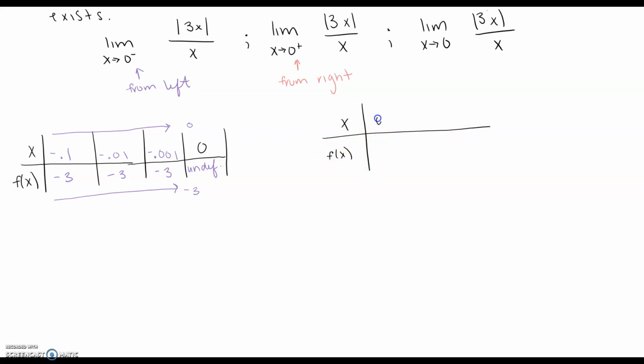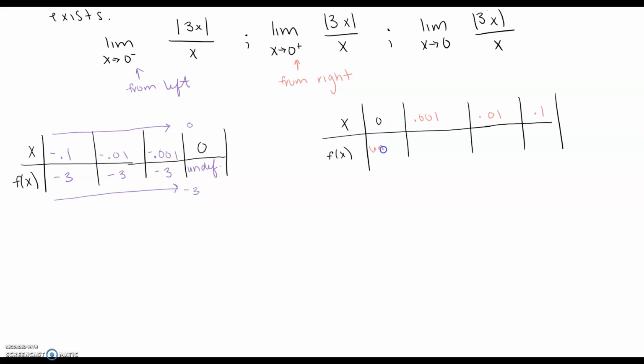So then we have 0, and then we need 3 values to the right of that. So I'm going to do 0.001, 0.01, and 0.1. And again, substitute it into your function.